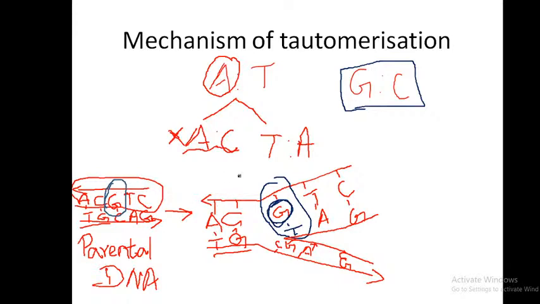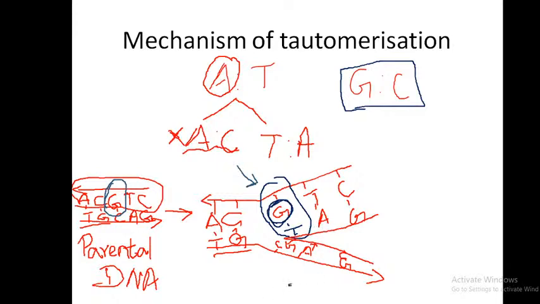And this here is the change as a result of the tautomerization. Change has happened to G, and as a result of this tautomeric shift, improper pairing has happened. Instead of pairing with cytosine, G or guanine pairs with thymine, and that is improper binding.